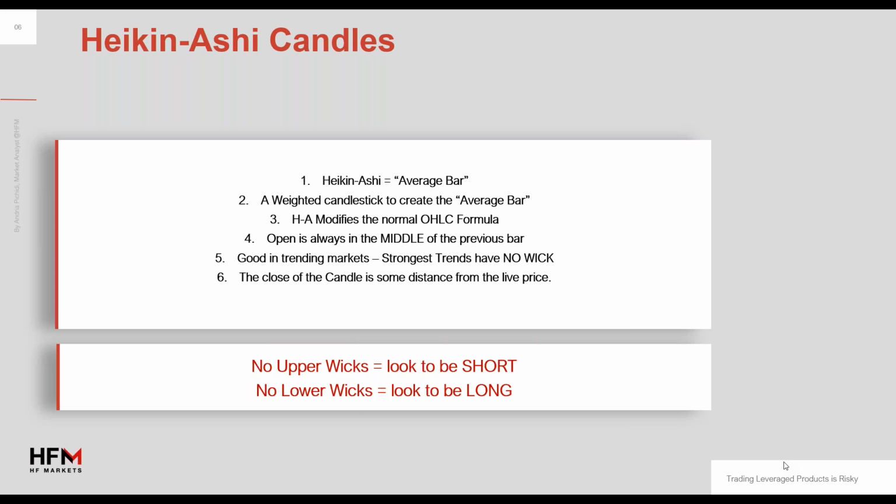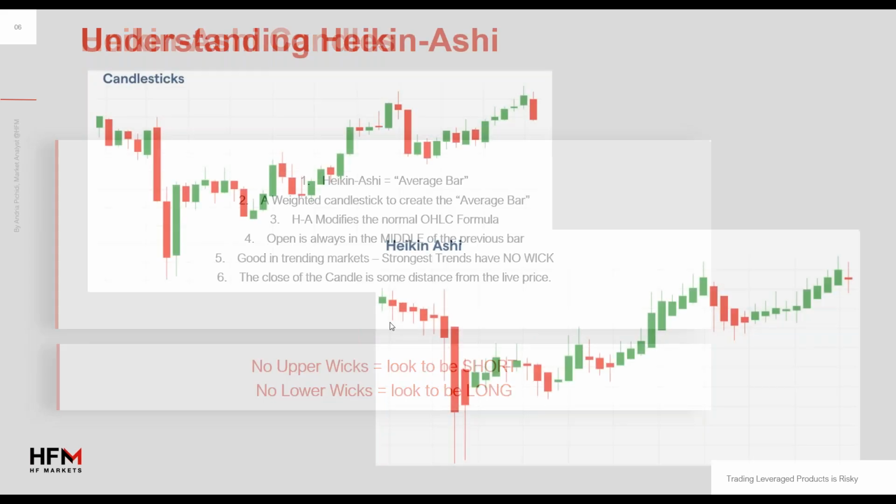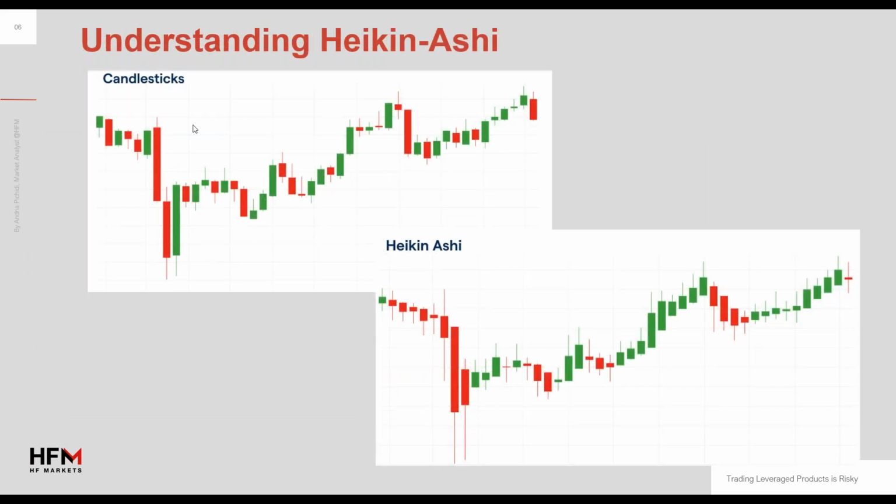Unlike the traditional Japanese candlesticks, which use the actual open and close price to form the body of the candle. This is the traditional one. This is the Heikin Ashi one.